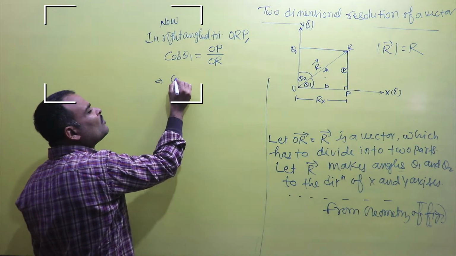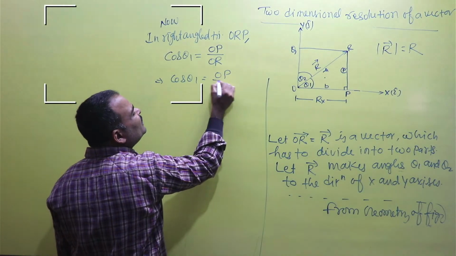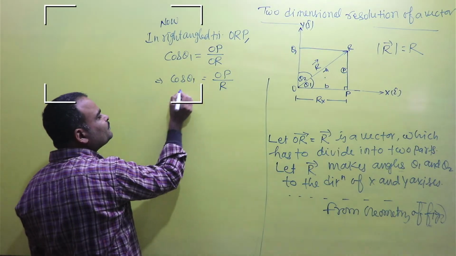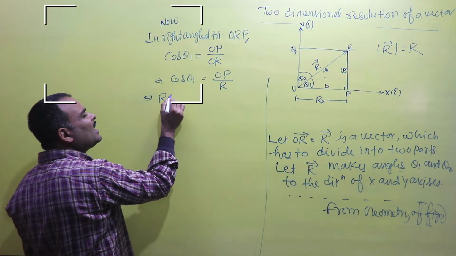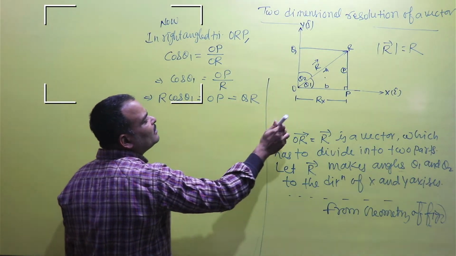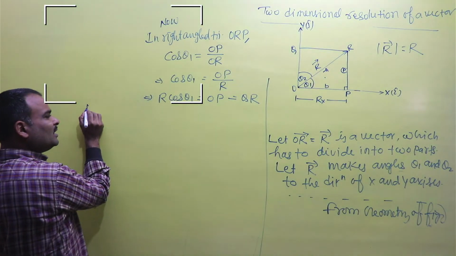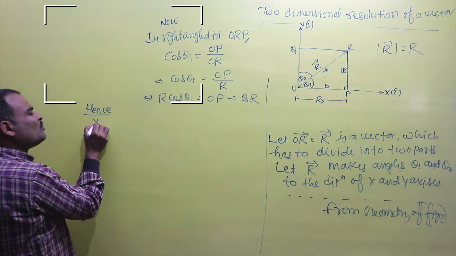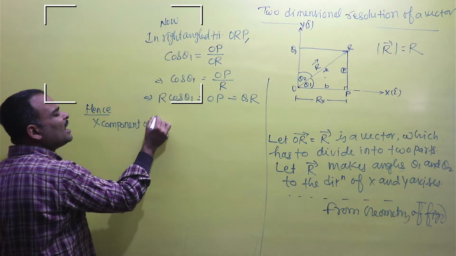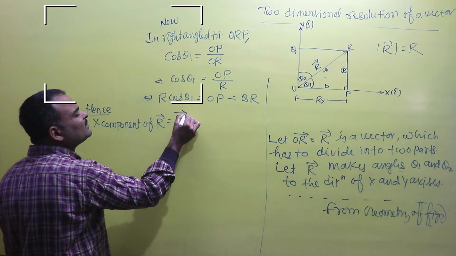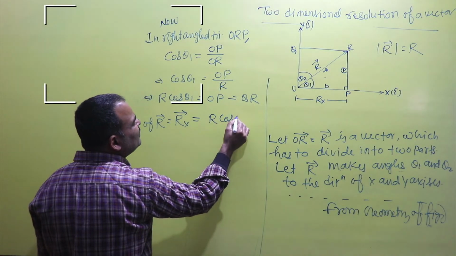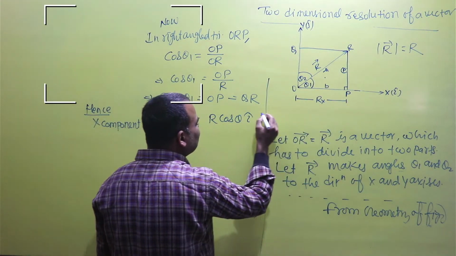So r cos theta 1 is equal to OP or QR. X component of vector r is equal to Rx is r cos theta 1 i cap along the x axis.